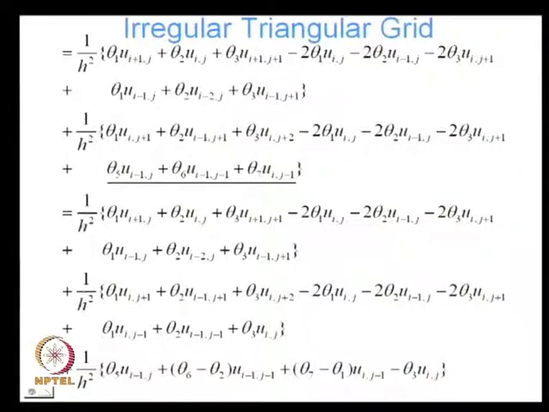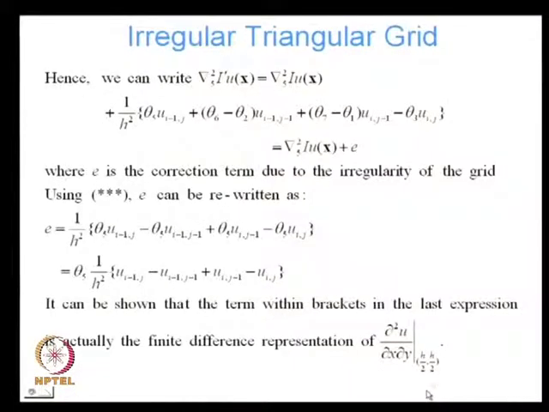So, this is my del 2 5 using the old interpolant up to here, and this is my correction term. So, I can write it as this evaluated using my regular grid plus a correction term which is due to the irregularity of the grid.